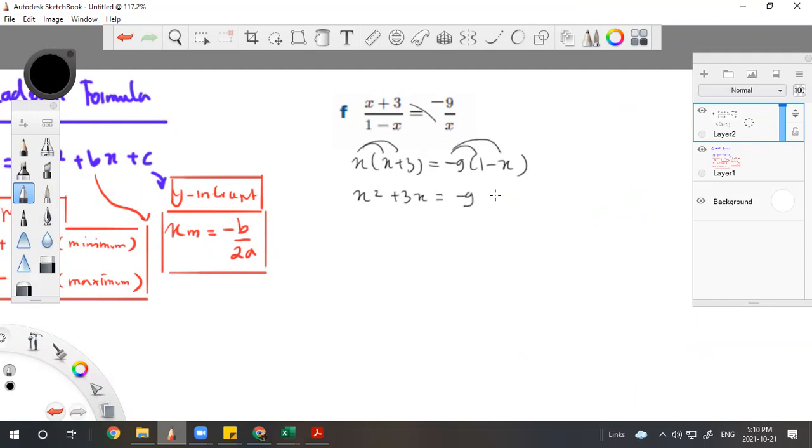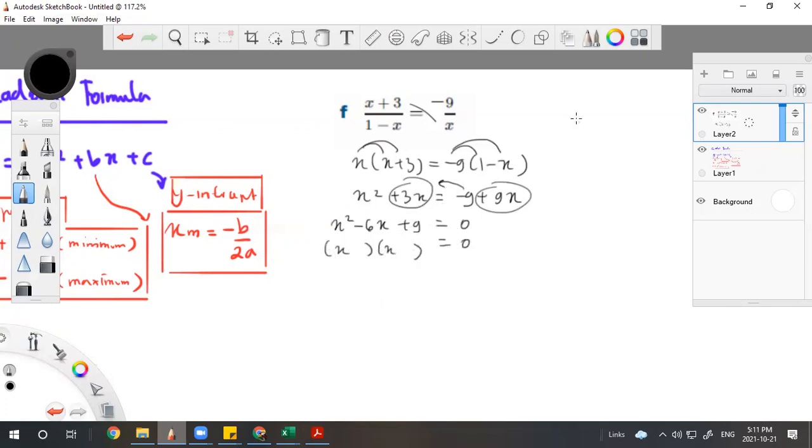Negative 9 times negative x is positive 9x. And then put everything on the left side. So x squared, plus 3x minus 9x, minus 6x plus 9 equals 0. I think it's quite simple, you just make it fast. Do the sum and product then, right? Because the 9 is moved to the left side also. So x and x.